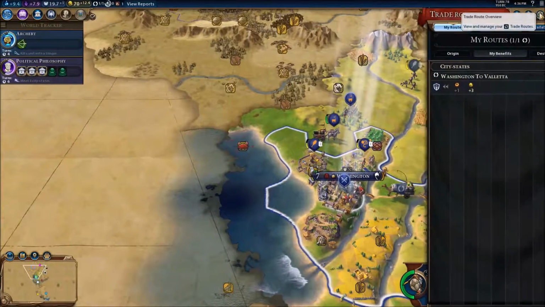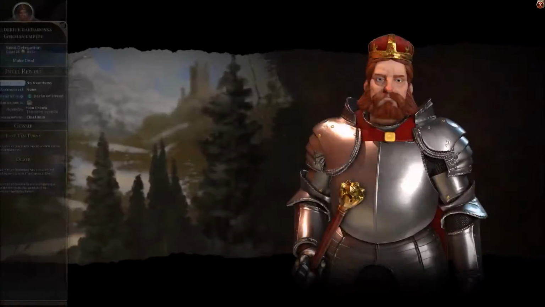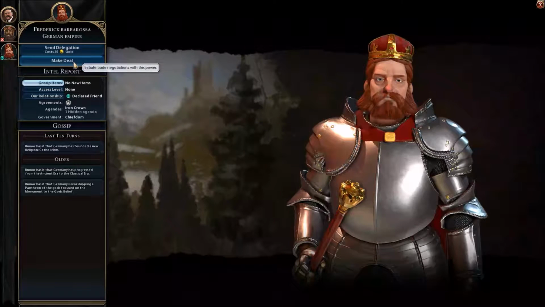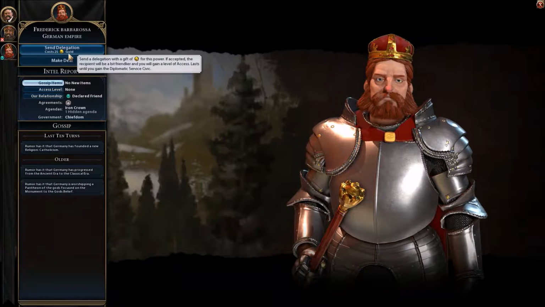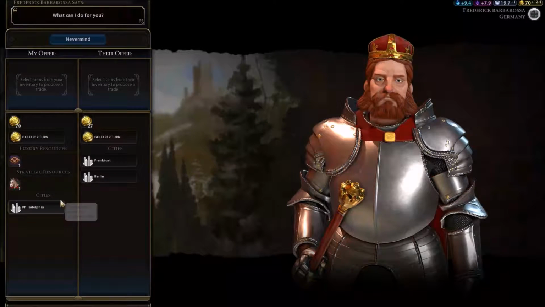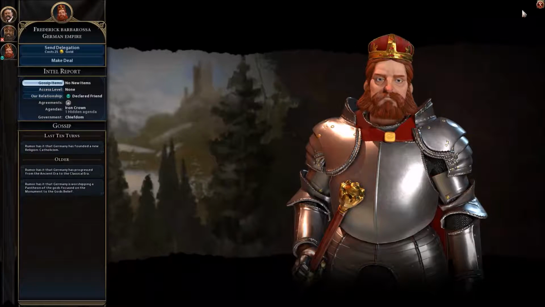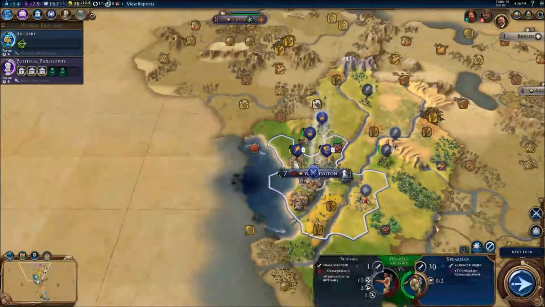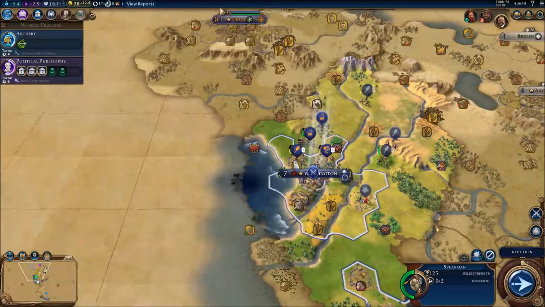I wonder if we could get a little bit of help from Barbarossa. Okay, just as I thought, they have a second city somewhere. Alright, so it looks like they're not going to be able to help us, but we should be able to help ourselves.